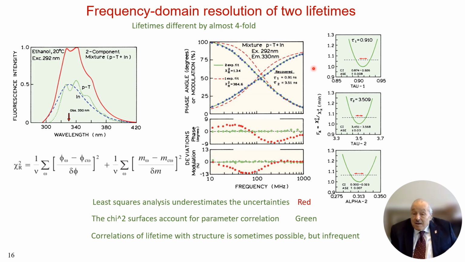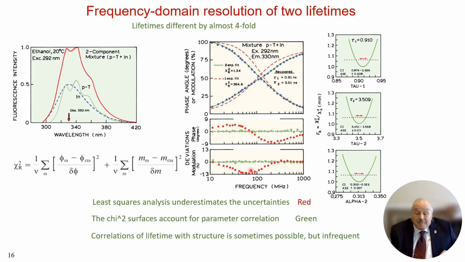So we can recover the 2 initial lifetimes, which were 0.9 and 3.5 nanoseconds. They come out perfectly. And the deviations, which were very large for the single exponential fit, are virtually close to 1 for the double exponential fit. So we accept the double exponential fit as explaining the sample.